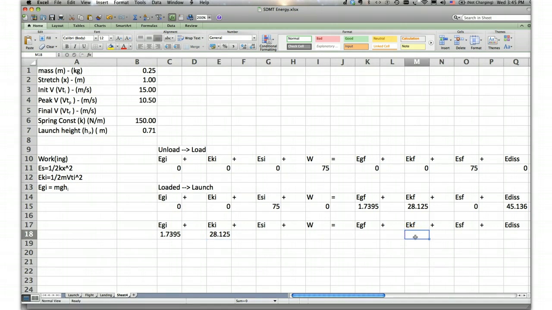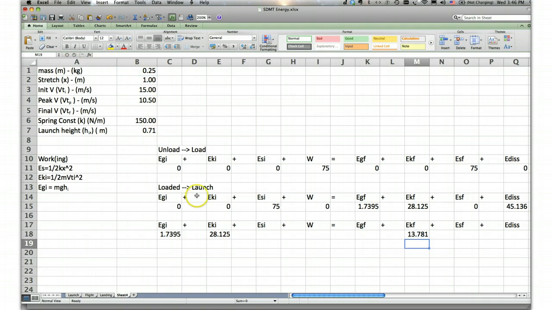And so what I would do is determine what the kinetic energy is at the top, because remember, it's at its peak, and so I only have horizontal velocity. So what I would do is 1/2 mv squared, but with a different v, so that'd be 0.5 times mass times this peak velocity, and then I would square it.